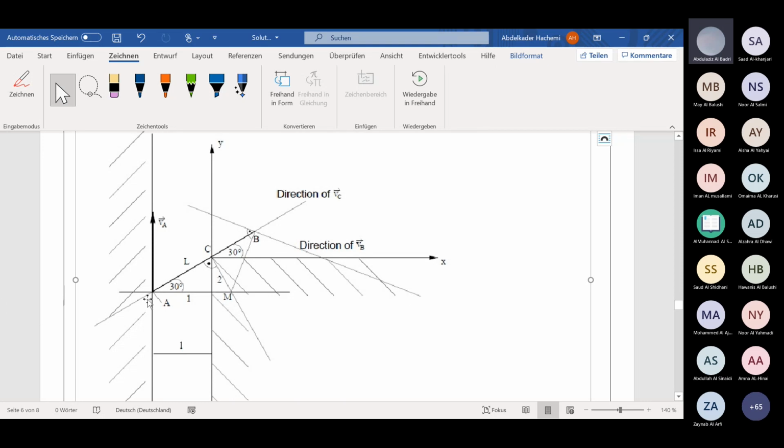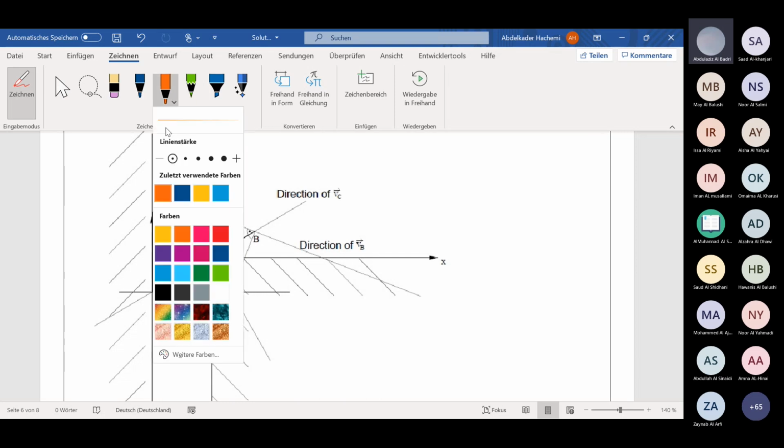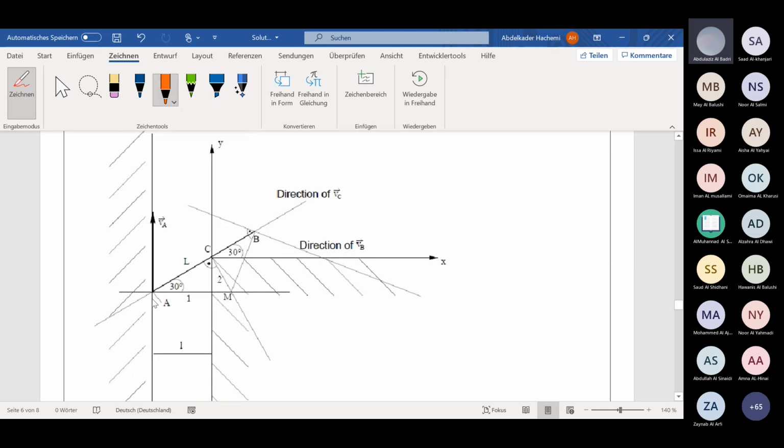We have this line here. I will make it in red color, and I hope it will not confuse our solution. Then we have this line here. This is the first line, which is perpendicular to the velocity VA.